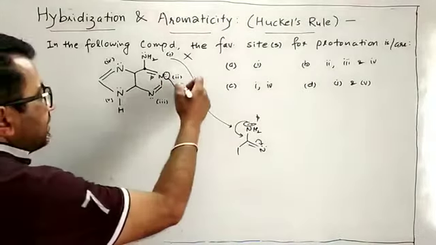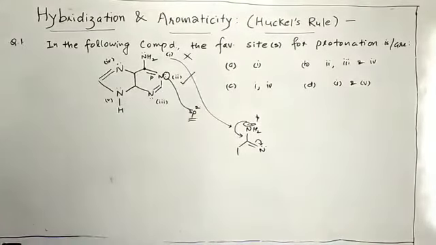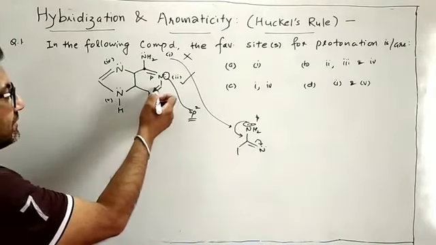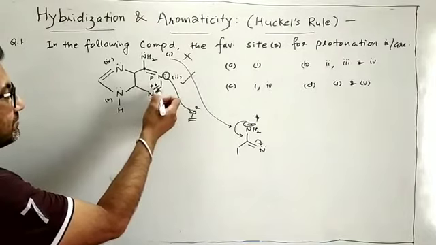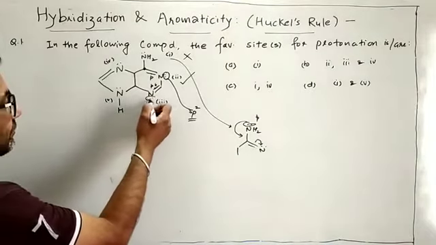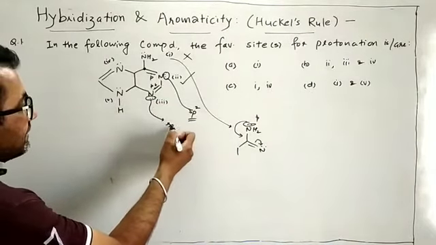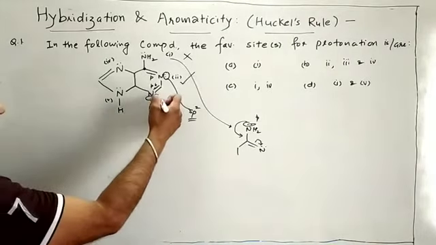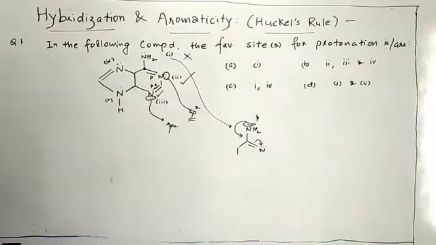So here protonation can be possible. Nitrogen 3, again this nitrogen uses its p orbital for formation of this double bond. So it has also used its p orbital. It means its lone pair is also present in an sp2 hybridized orbital, so easily available for protonation.